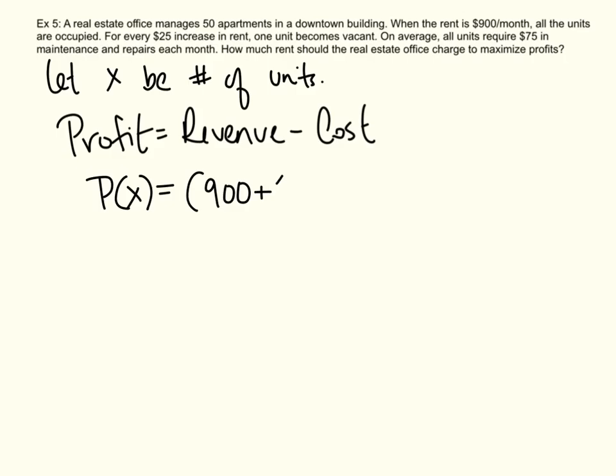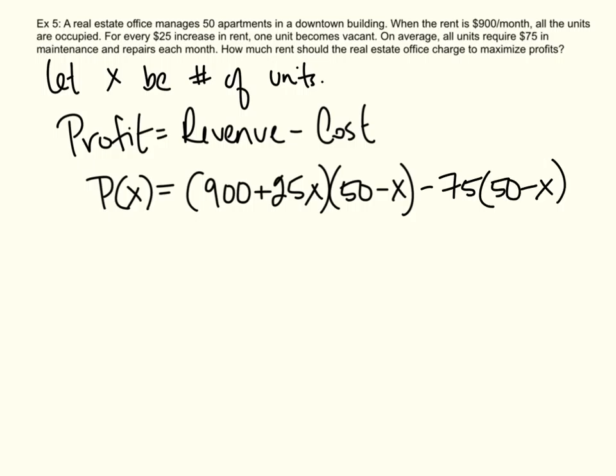So 0.9 for every $25 increase, we're losing one apartment out of the 50. Okay, that's our revenue. Now let's subtract the cost. So we know our maintenance fees are 75, and that still applies.